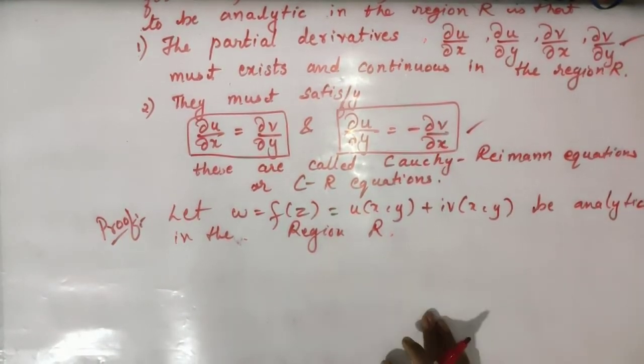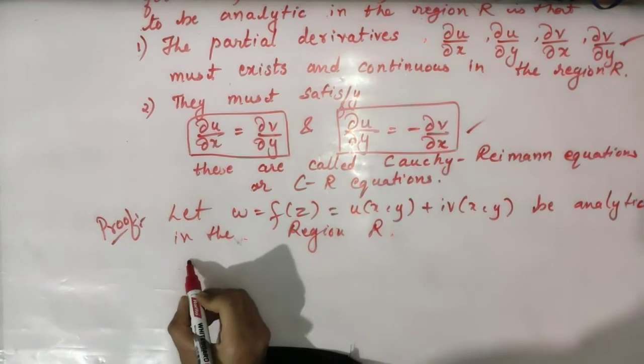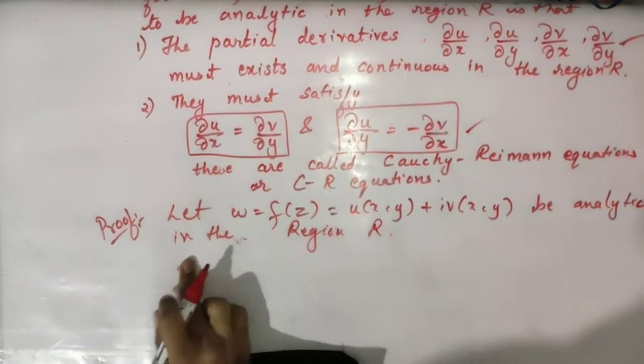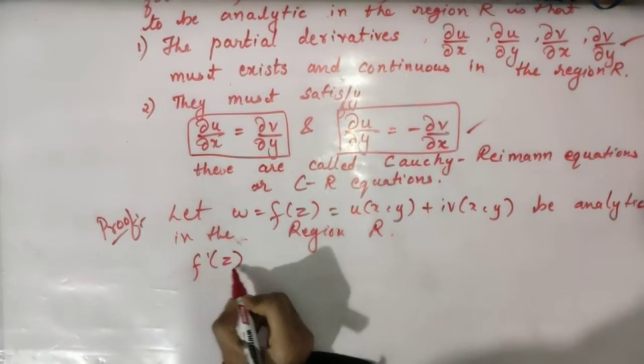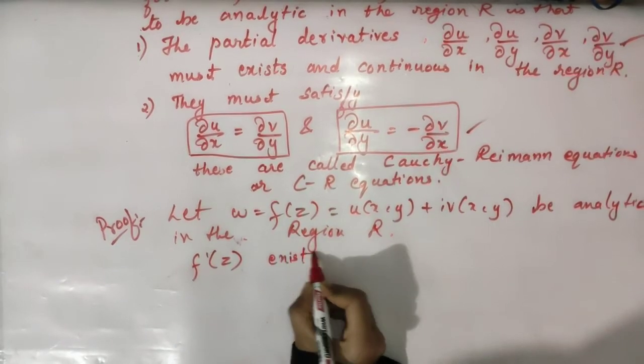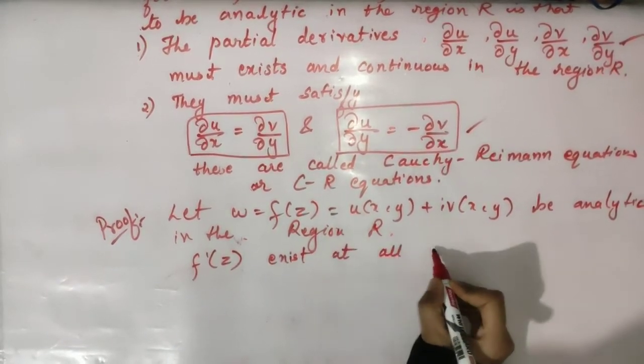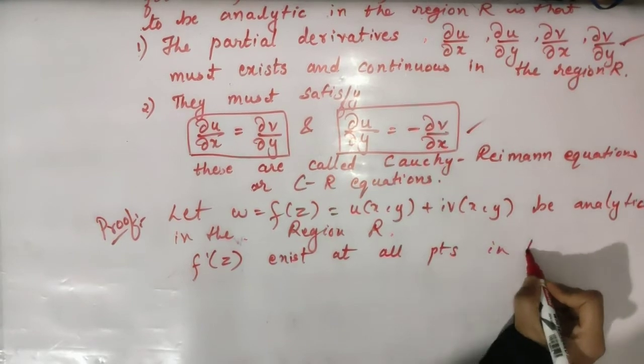If it is differentiable. It means f dash of z exists at all points in R, is it not?